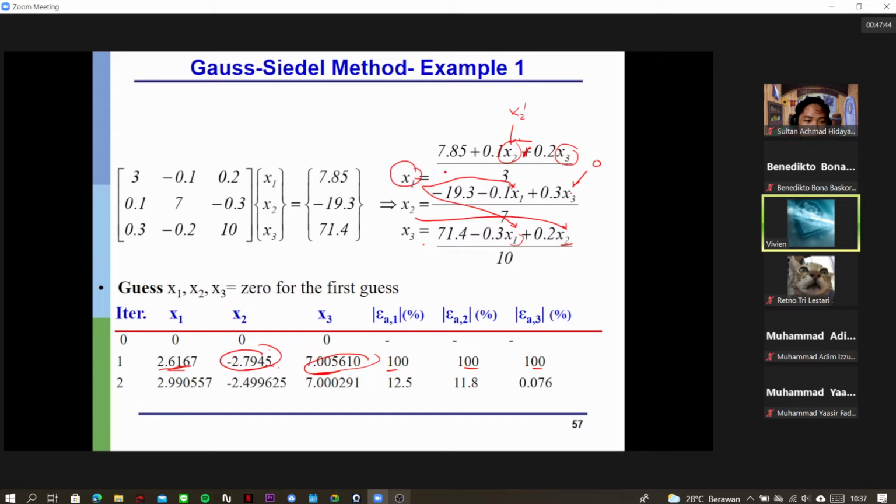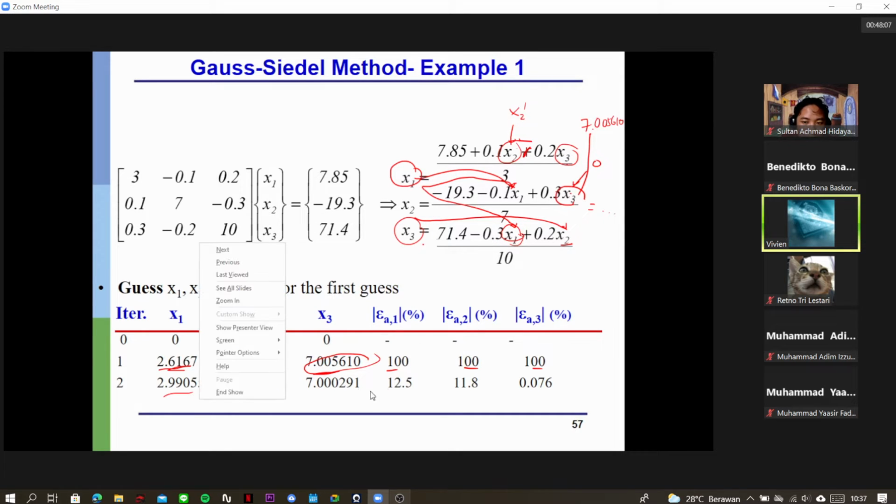Once we have x1, we use it directly. x3 is taken from the first iteration. Then we can calculate x2, which is this one. Once we have x2 and x1, we can calculate x3, inserting the values of x1 and x2 here, so we have the value of x3, which is 7.000 and so on. So with the second iteration, the error is already quite low.